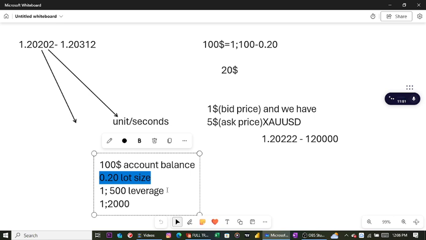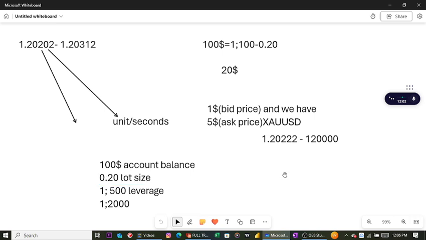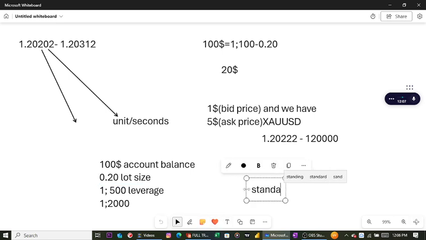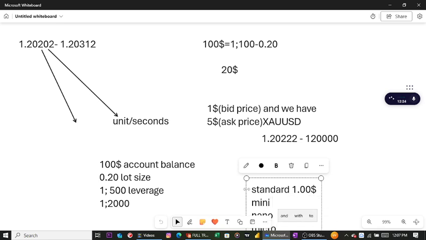Then we have mini lot size, micro lot size, and standard lot size. Standard is 1.00. That is standard lot size.